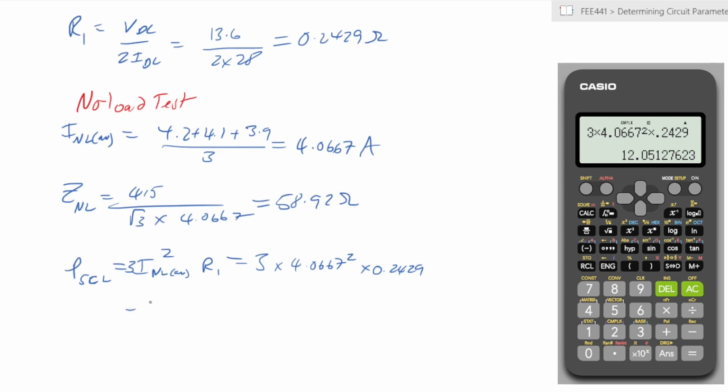Right, this gives us a power of 12.05 watts.